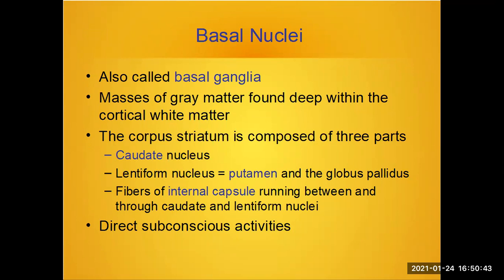The corpus striatum is composed of 3 parts: caudate nucleus, lentiform nucleus, putamen, and the globus pallidus. Fibers of internal capsule run between and through caudate and lentiform nuclei. Direct subconscious activities.